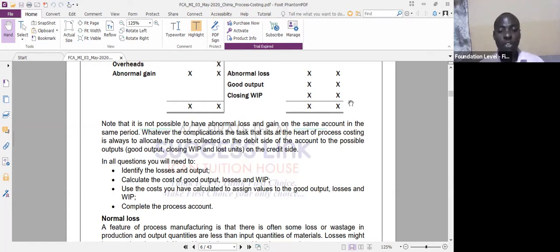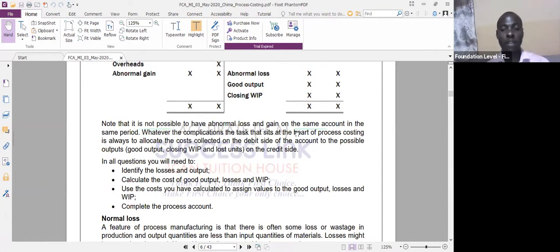Then you have to use the cost you have calculated to assign values to the good output, to the losses, and to the work in progress. Then you complete the process. So this is what we'll be doing. Identify loss and output. That means you must have input, conversion. Identify the losses and output. Calculate the cost of good output, losses and work in progress. Then use the cost you have calculated to value them. You complete the process account.